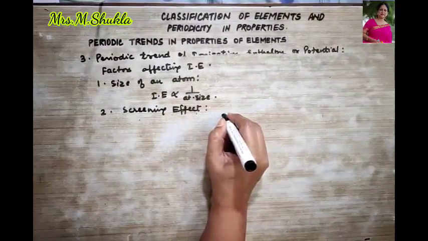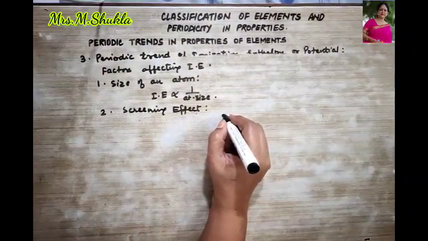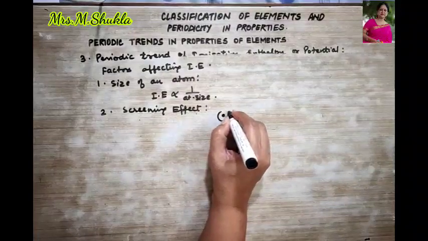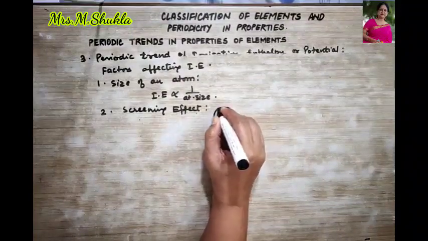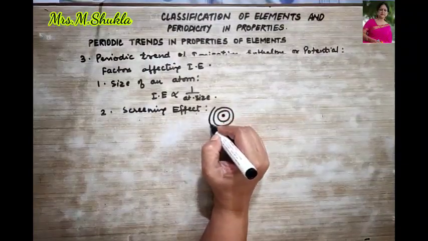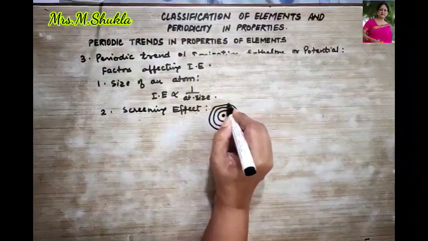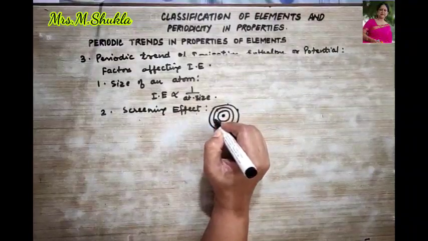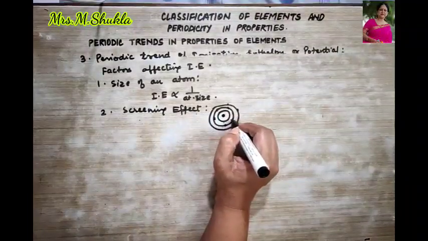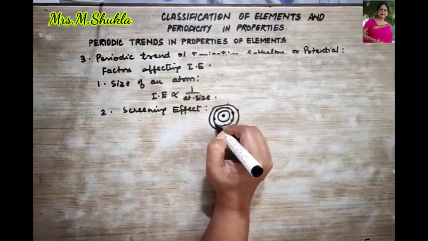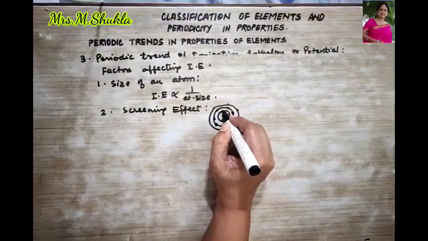Now suppose this is the nucleus which has protons and electrons, and this is the first shell which has 2 electrons. Suppose this has 8 electrons and the outermost shell has 2 electrons. 1, 2, 3, 4, 5, 6, 7 and 8 electrons over here and 2 electrons here.